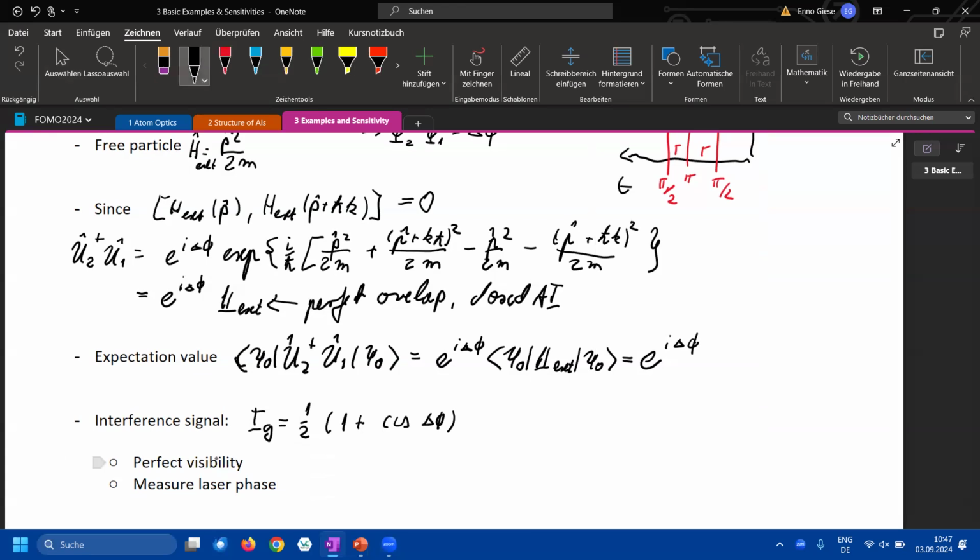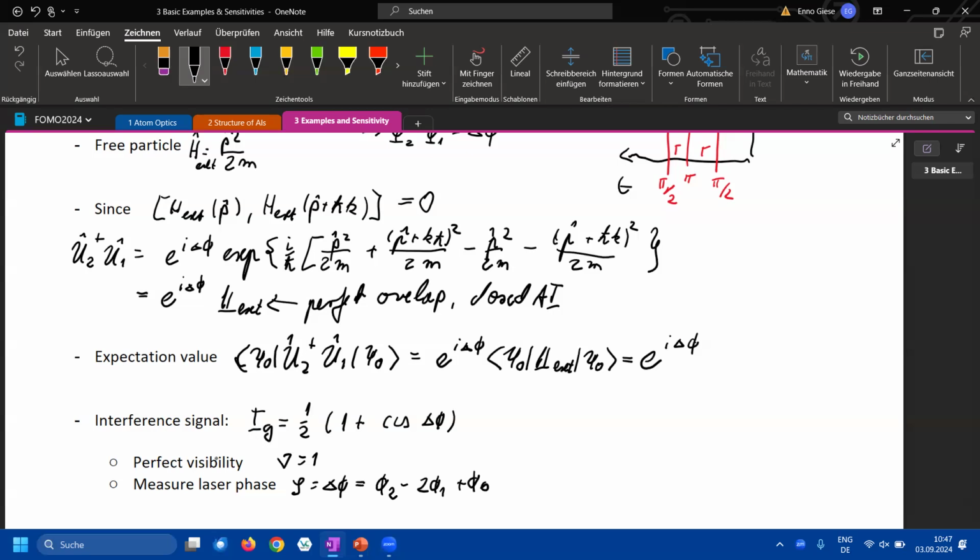So we see visibility, that was the modulus, is equal to 1, and laser phase phi is equal to delta phi, which is phi 2 minus 2 times phi 1 plus phi naught. Okay, so far, yes.